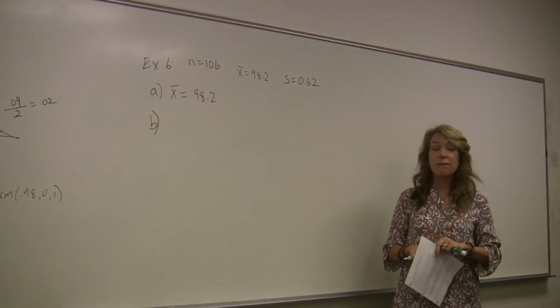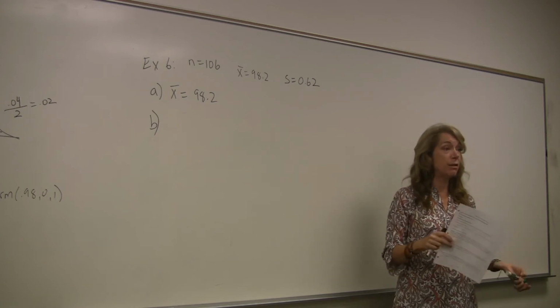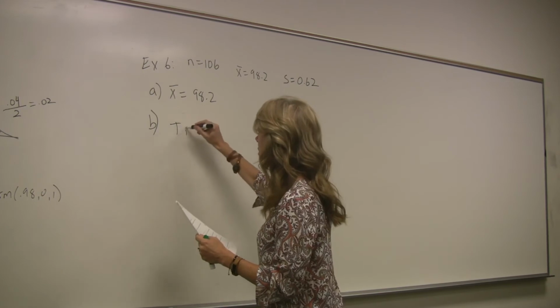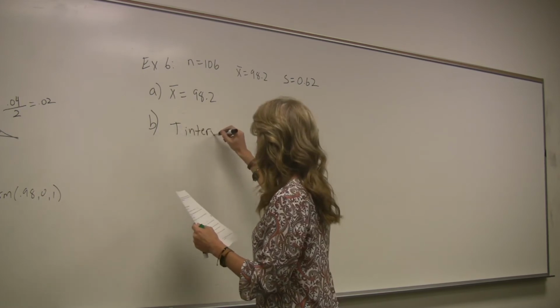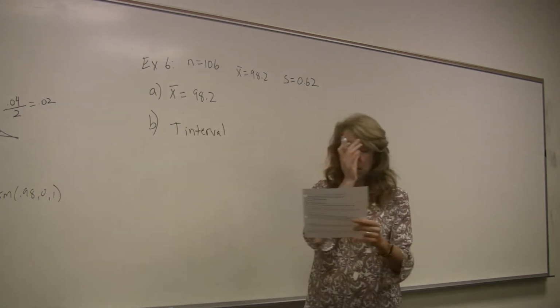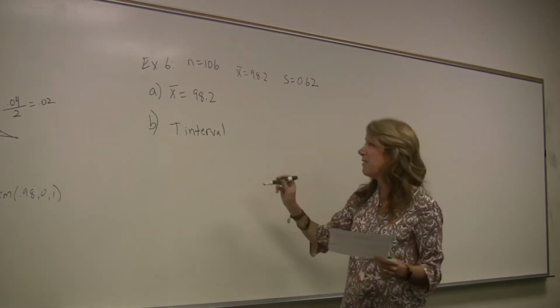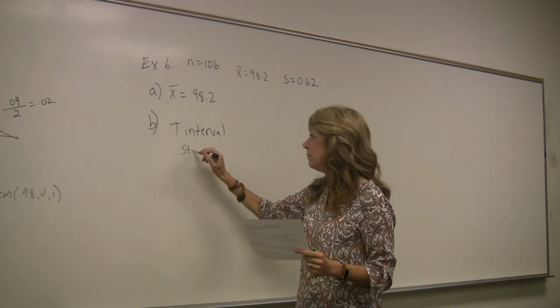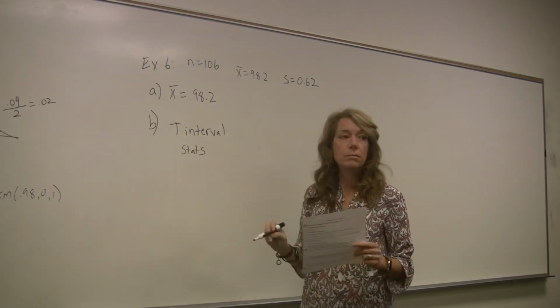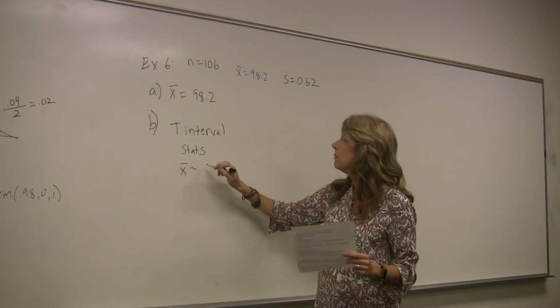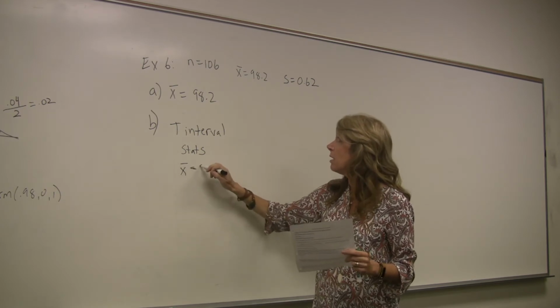So now that we know we have S, that's what tells us to use a T interval to find our confidence interval. So we're going to do a T interval. And what does it ask us for? Data or stats. Yeah, so we have the stats again. X bar equals 98.2.